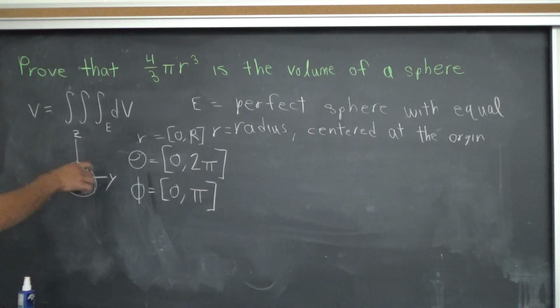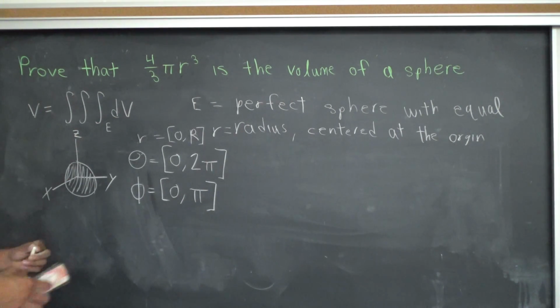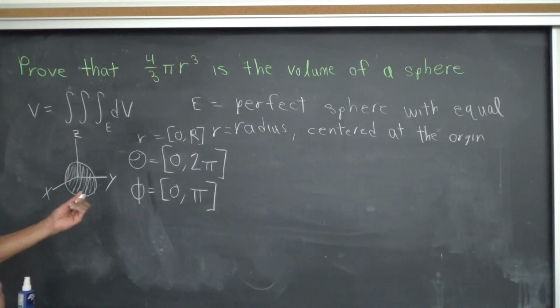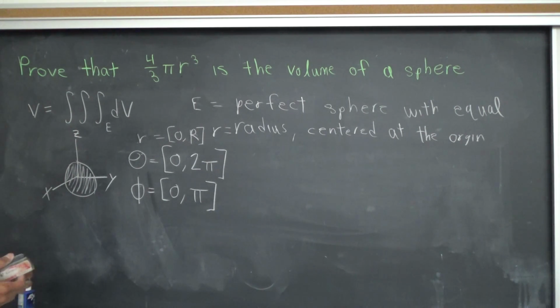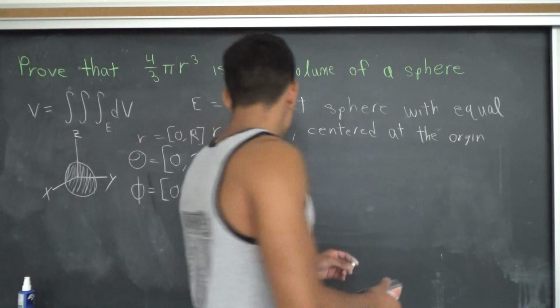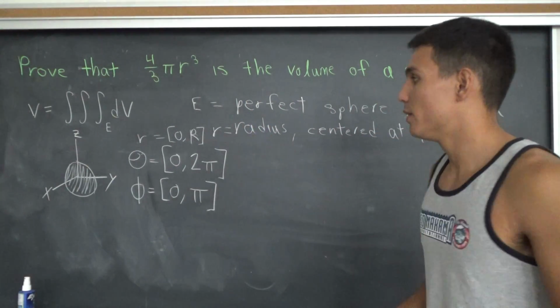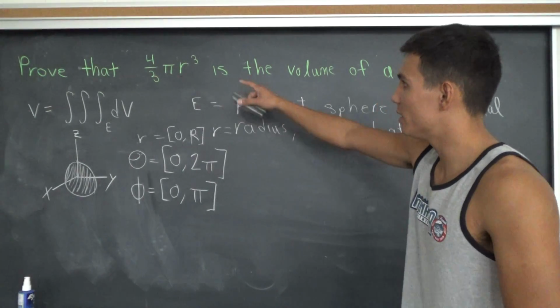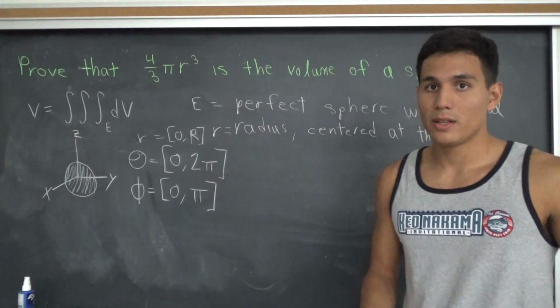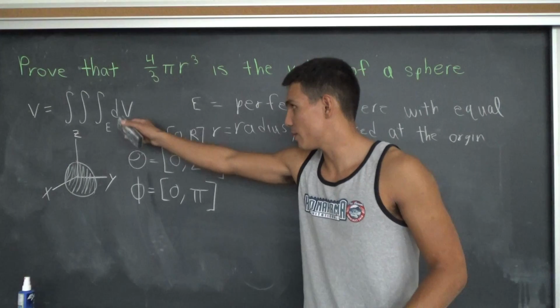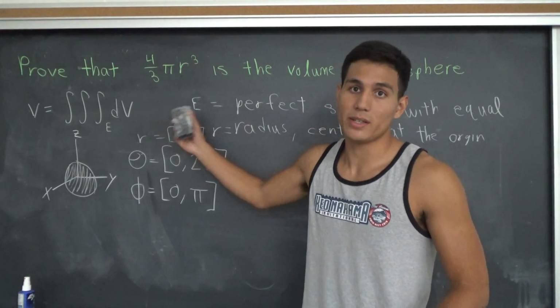Is dV really going to be helpful in this case, or would we want to use a Jacobian, a change of variables? These are our bounds, but if you just put the stuff straight in, you're not going to get the answer. You won't even be able to integrate, because we have dV here, which would be dx dy dz.